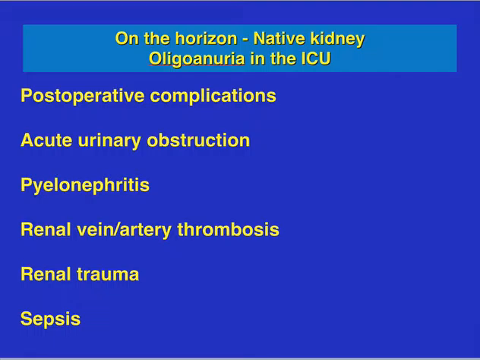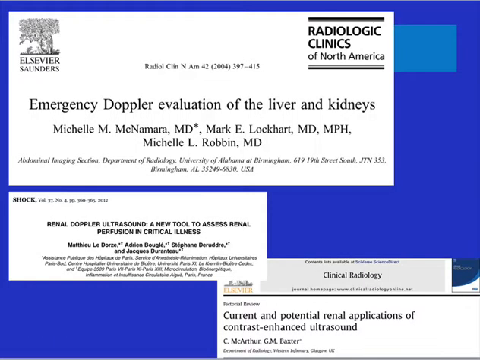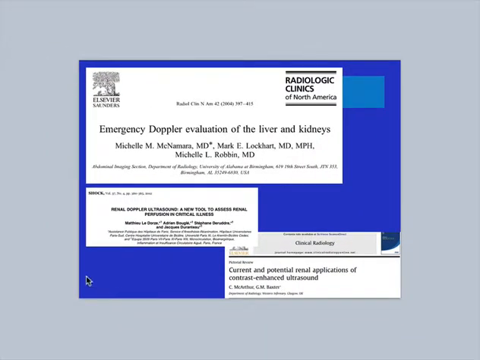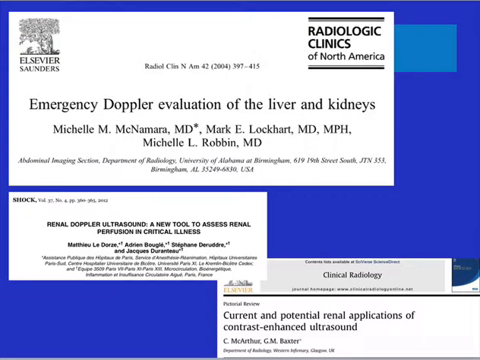But most importantly for me, I see that there's a lot of evaluation using Doppler of the kidneys. You can see here, renal Doppler ultrasound, a new tool to assess renal perfusion in critical illness. If you look over the last 3 or 4 years, there have been many articles coming out in sepsis and heart failure, trying to determine what the kidneys do during those phases as the patient's on pressor medication.